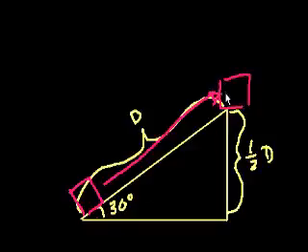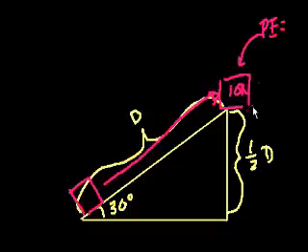Let's say this is a 10 newton box. The potential energy at this point is going to be 10 newtons times its height, which is going to be 5d joules. And that's also the amount of work one has to put into the system in order to get it this high in the air.